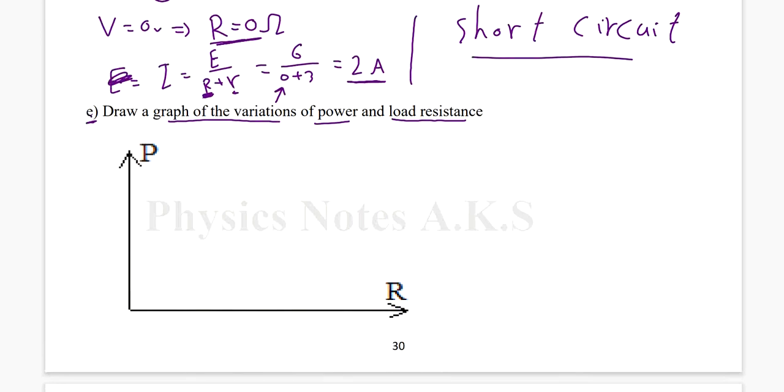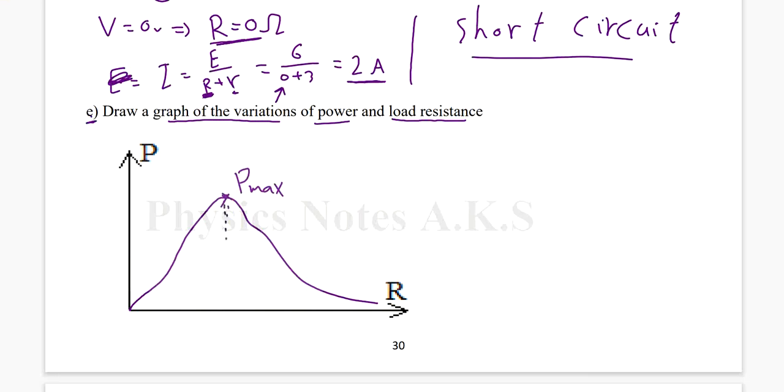I will have a variation like this. I hope that I succeed in drawing it the first time. It goes from 0, goes to a high value, and then goes down here. At this point I will have a P maximum.